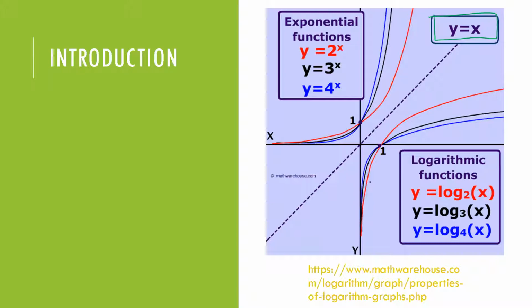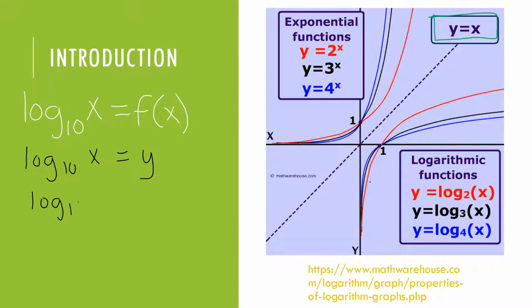So as you can see here, this is what a logarithm looks like. And if we were to do the inverse of this, so if we made this a function equaling f of x, we're going to find the inverse. This can be done by first making this a y, and then changing around the x and the y, which you probably learned in Geometry or Algebra 2, the ways to find the inverse of a function.